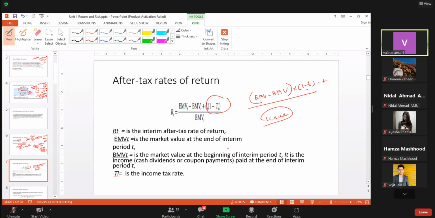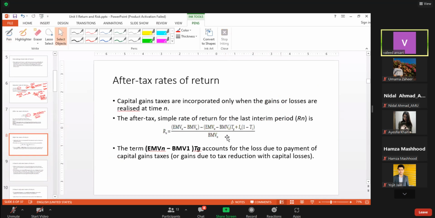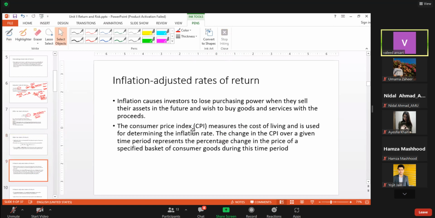So this is the adjustment which we make, and this is the same thing which I have already explained to you, the capital gain part. Just now, the after tax returns are important. Real calculation we will take later on in Excel and other sheets. But I think that is the simple arithmetic which I am explaining to you.